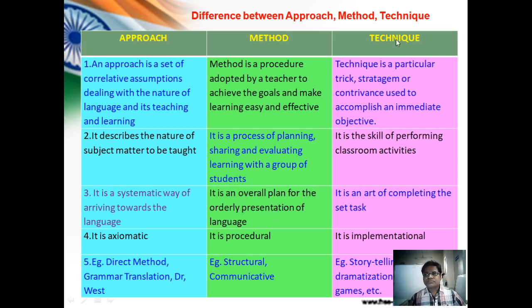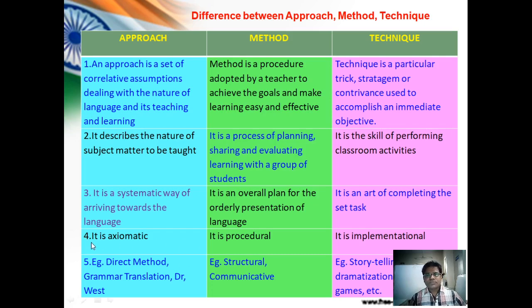And technique is an art of completing the set task. Okay, means in particular content, it is the art of completing a task. Means different language related tasks are given in the books. According to the content, you need to complete such tasks for a few minutes in overall teaching.